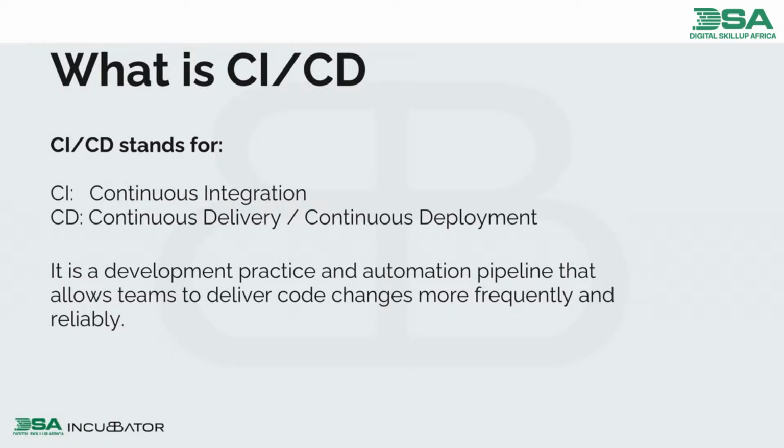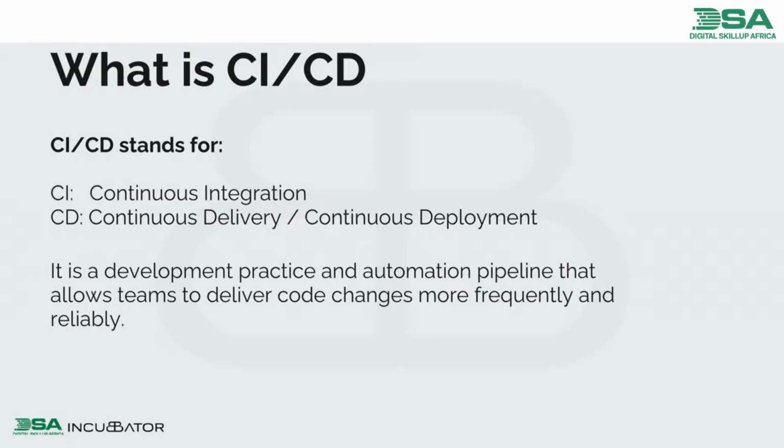Yes, we know that it is continuous integration, like I earlier mentioned at the start of the class, and that it is continuous delivery or continuous deployment. So CI/CD is a development practice and automation pipeline that allows teams to deliver code changes more frequently and reliably.